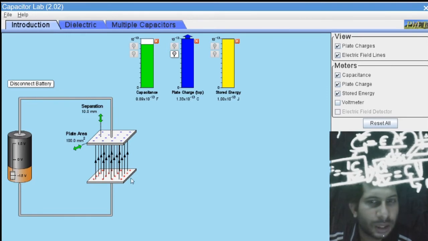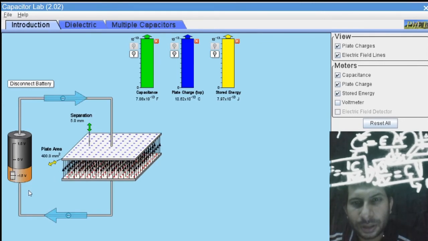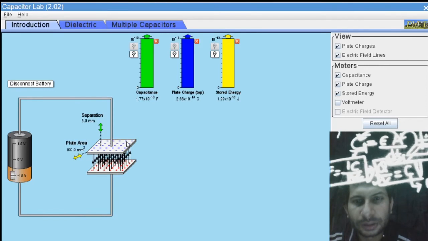Electric fields are reversed, and the same phenomena hold: if the separation is decreased, capacitance will increase, and if we increase the area, capacitance will again increase, which is directly proportional.